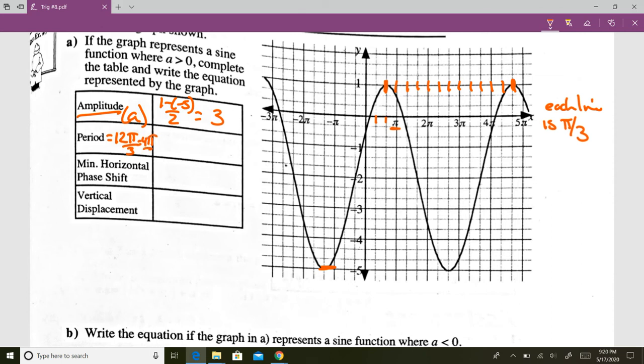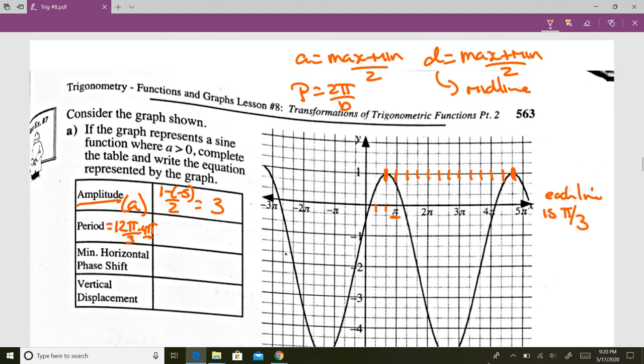Okay. The period helps us calculate our b value. So I write 4 pi is equal to 2 pi over b. You switch the b and the 4 pi. 2 pi over 4 pi. You're going to get 1/2. That's our b value.